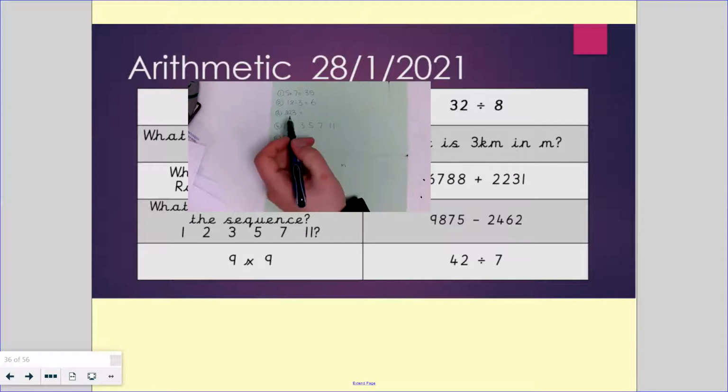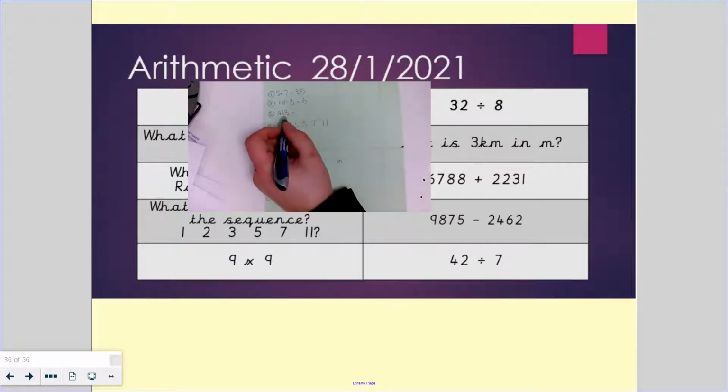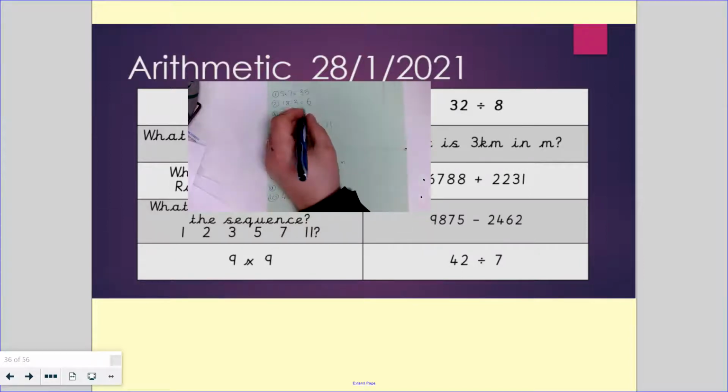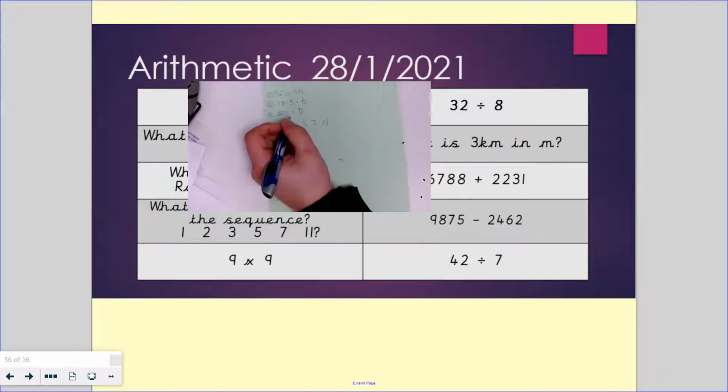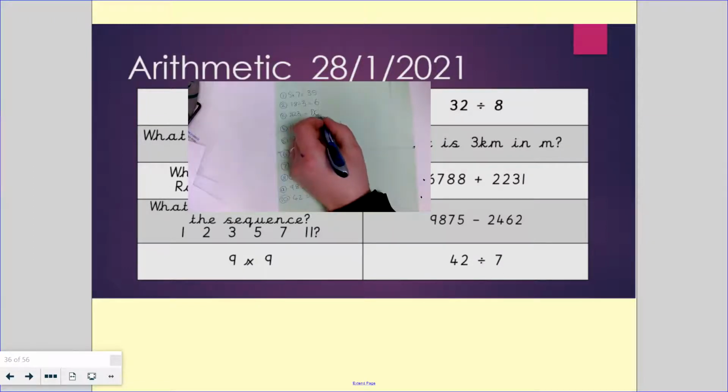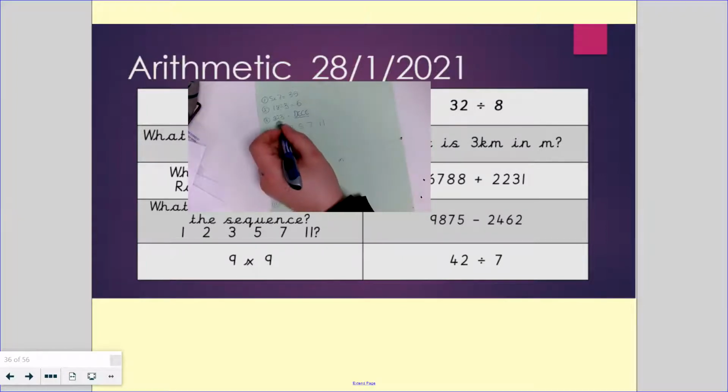The next one is, what is 823 as a Roman numeral? So remember, Romans, they didn't count like us, they were very different. So for 800, we first used 500 because they had a value for 500, and that was D. So that's 500 at the moment. We then need to add on 3 more hundreds to give us 800. So 1, 2, 3. So that represents 800. We then go on to our tens.